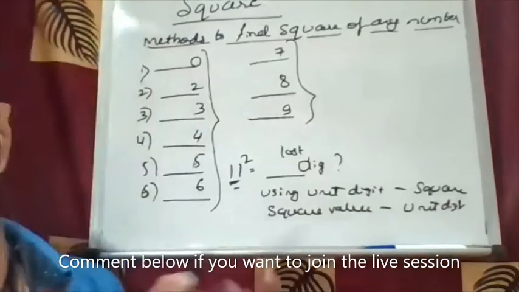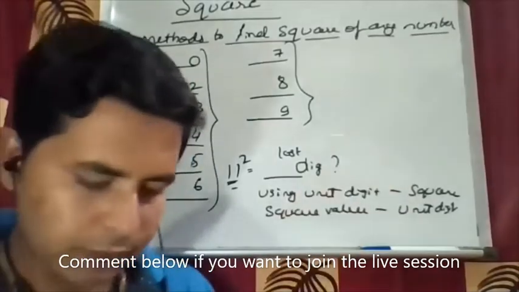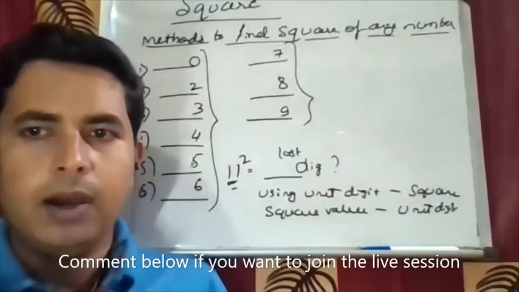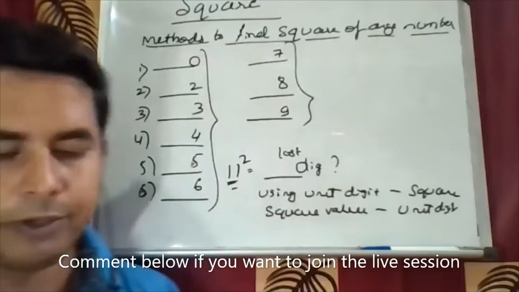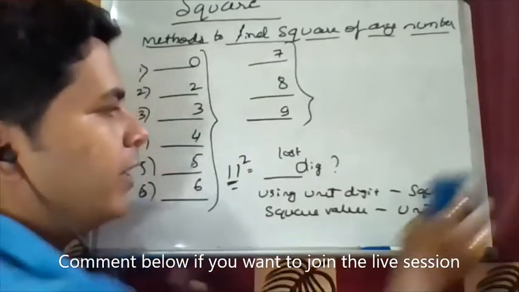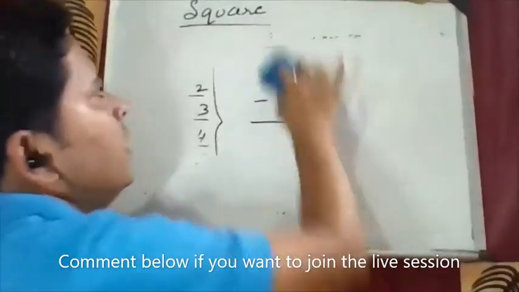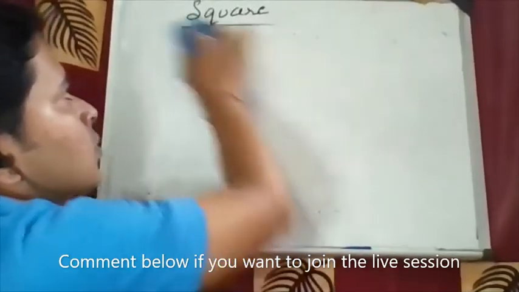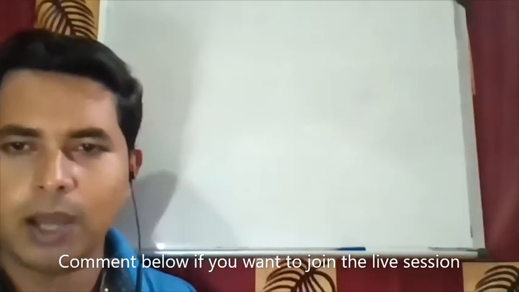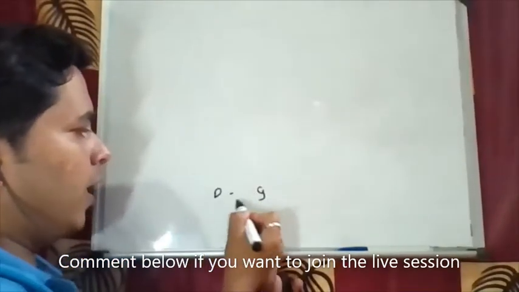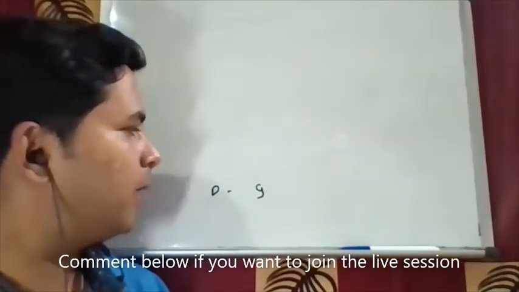So in today's class, we'll discuss the square numbers for unit digits 0 to 9, how to find the square of any number which contains these unit digits. Whatever the number is, its unit digit has to be among 0 to 9, it won't be anything other than these.